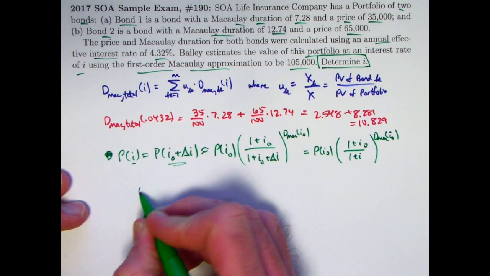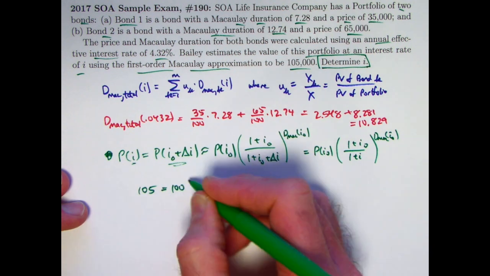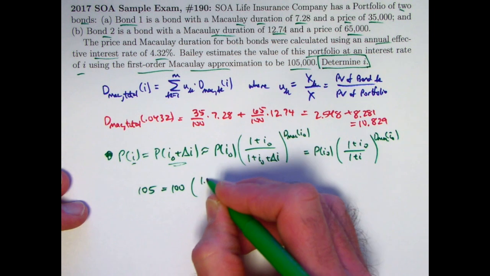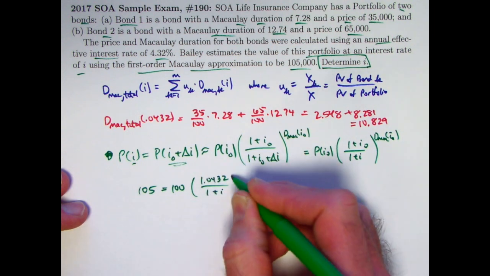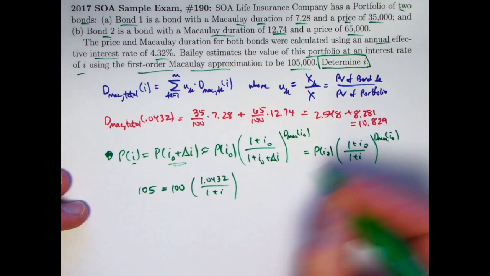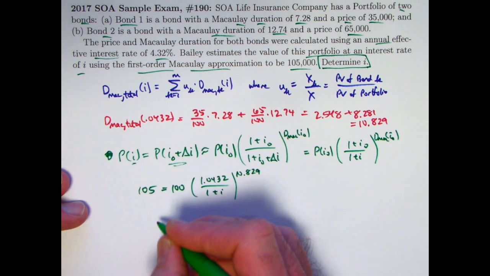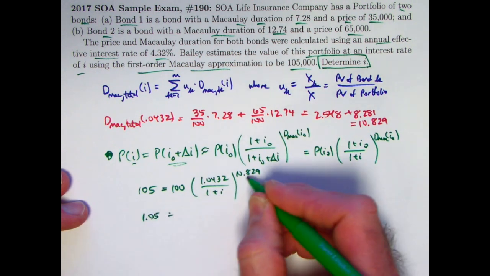So the equation would then be 105,000 equals 100,000 times this fraction. 1 plus I0 is 1.0432. In the bottom, I've got 1 plus I. I is the thing I need to solve for. Now put that power to be 10.829. Divide both sides by 100. We get 1.05 equals this.